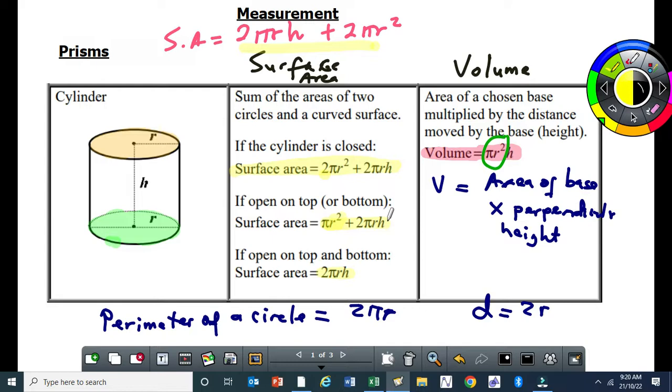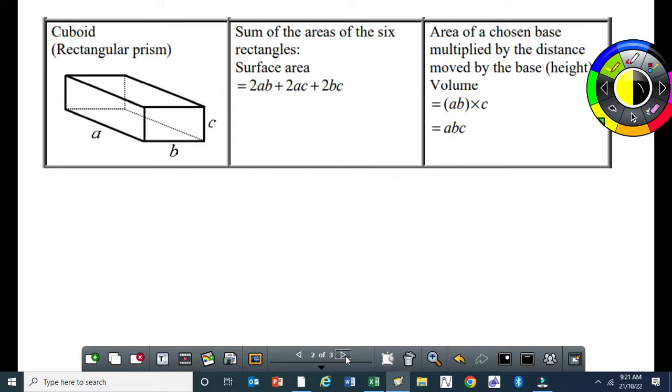Okay? Then, let's talk about the rectangular prism. The rectangular prism has got how many faces? 6 faces. Okay? So, if you want to calculate the surface area, you obviously have to calculate the area of each face.